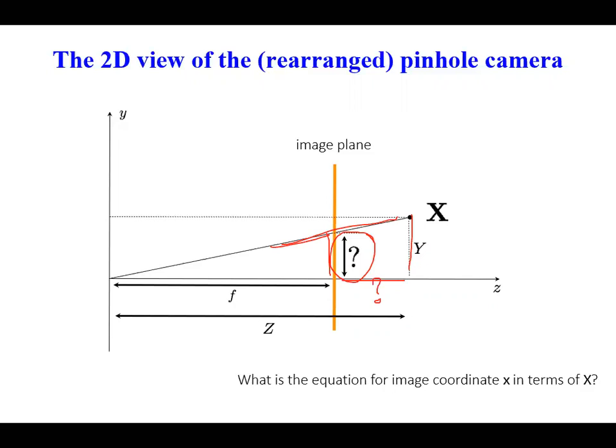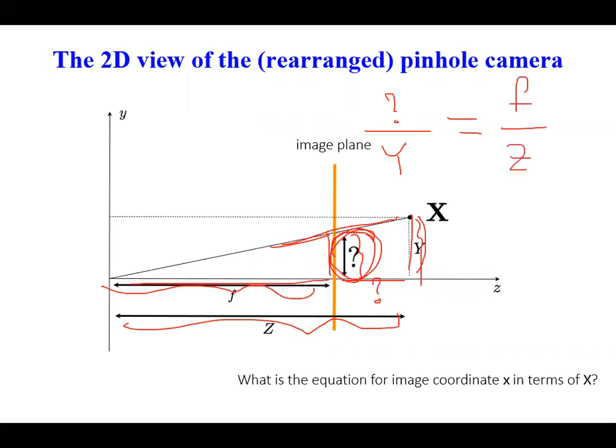How can I do that? Simple geometry. I think you have covered something like that in high school. You can do that: this distance over this distance is equal to this distance over this distance. Or the other way around. This over this is equal to this over this.